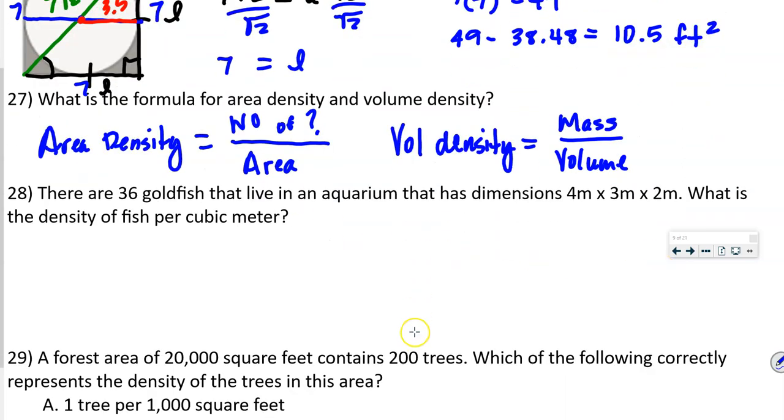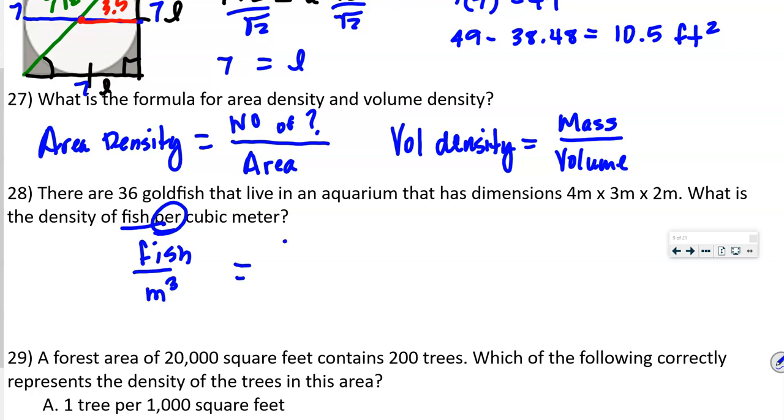It says there are 36 goldfish, there's our number of question marks, that live in an aquarium that has the dimensions of 4 times 3 times 2. What is the density of fish per cubic meter? So fish per, okay, so that means fish go on top, and cubic meter, meters cubed, that's volume.